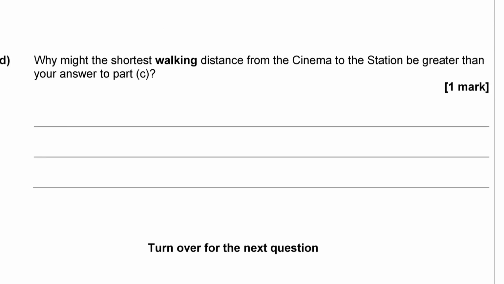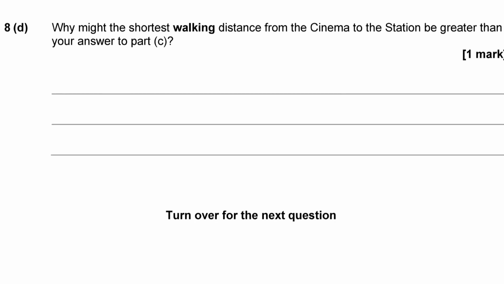So I'm going to write something like that down. So why might the shortest walking distance be greater than your answer?